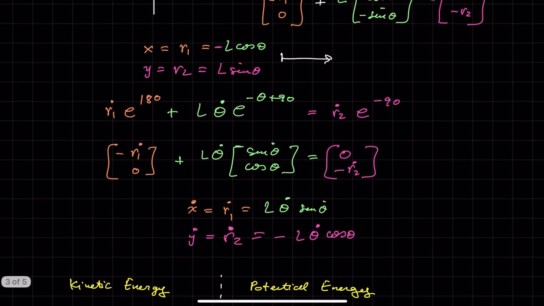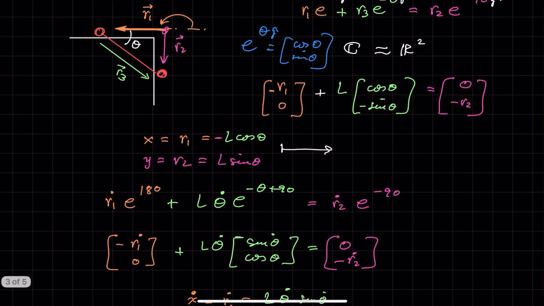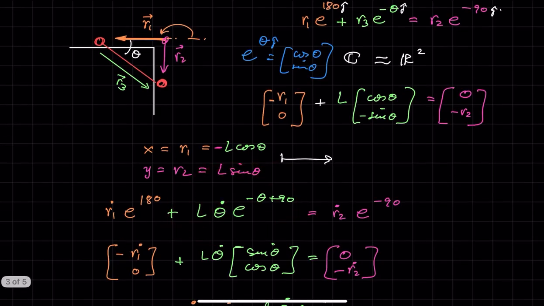Well, we take the derivative to get the velocities, and we know that R1 is changing, so we take the R1 derivative, R1 dot. The angle is the same because it is not going to change. And for L and theta, I take the derivative of theta because R3 has modulus L, and if I take the derivative, I also shift the angle by 90 degrees, like the rotation matrix for a complex number.